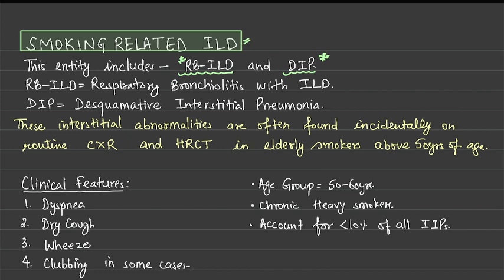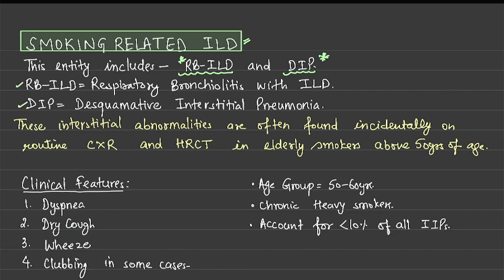These are exclusively studied as associated with smoking, although other entities like idiopathic pulmonary fibrosis or IPF and many other diseases are also associated with smoking, but we study only these two under the heading of smoking related ILDs, right?